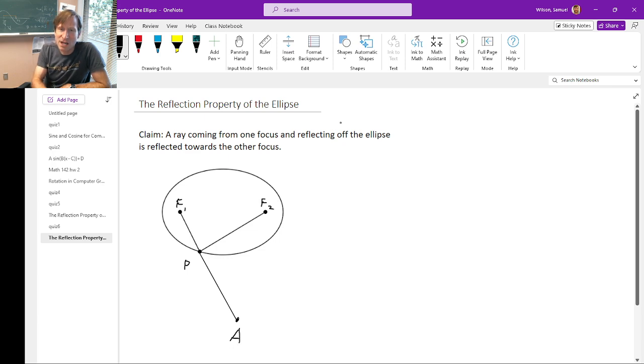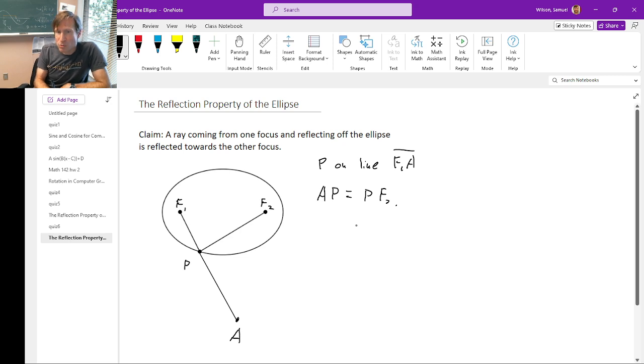Let's call that A. So we've set things up so that P is on the line from F1 to A. Right, so from F1 to A is a straight line. There's no bend at P. And then the second thing is that the length from A to P is equal to the length from P to F2.